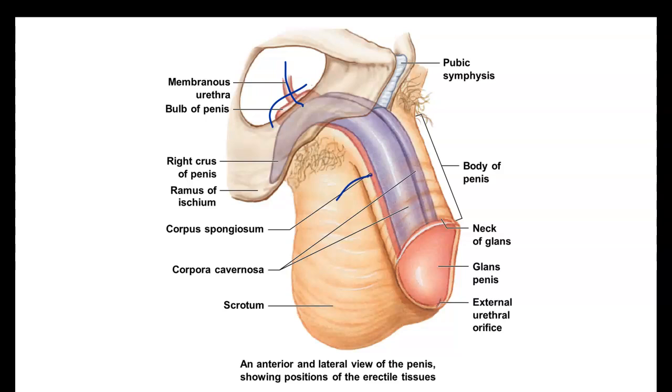You have the corpus cavernosa, which is going to be in the purple areas through here. Of course, the length of the penis is going to be referred to as the body of the penis. You have the neck of glands there. You have what's called the glans penis, and then the external urethral orifice. That's where the ejaculate comes out and also the urine comes out.